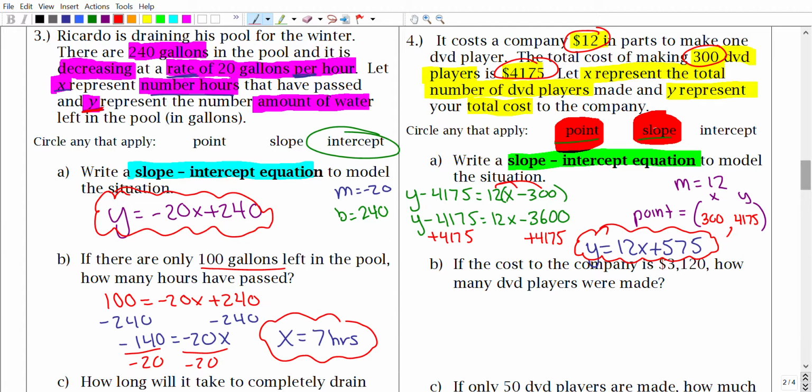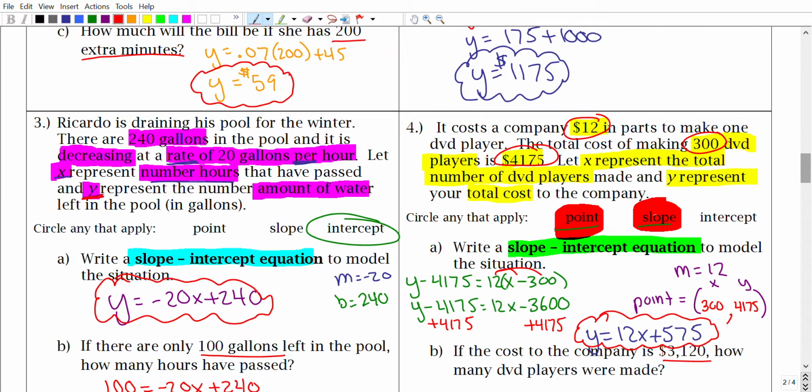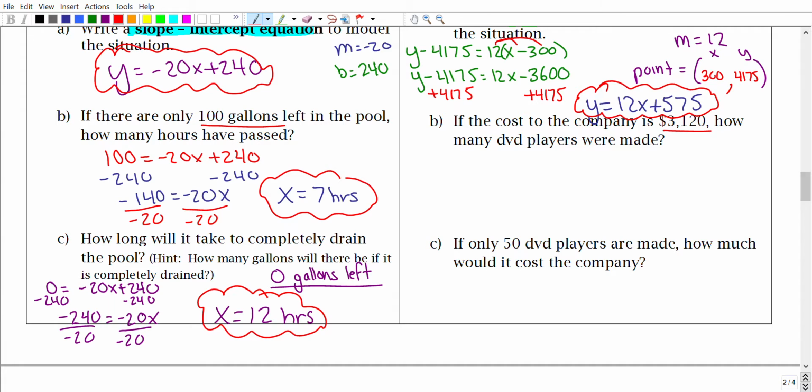We can now use that for parts B and C. So it asks if the cost of the company is $3,120, how many DVD players were made? Well, we know that the cost is represented by the y, so that's where I'm going to substitute that in.